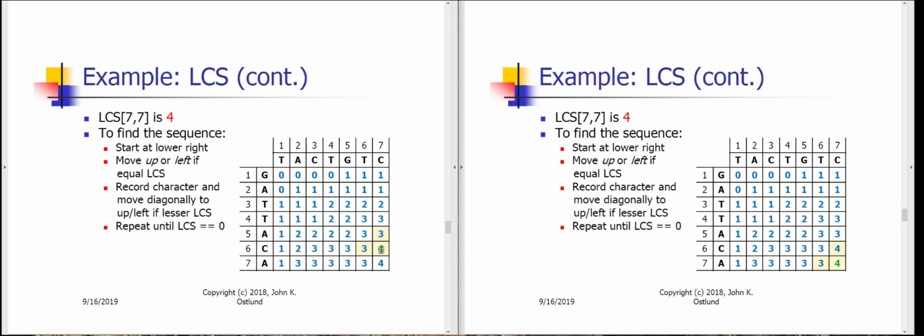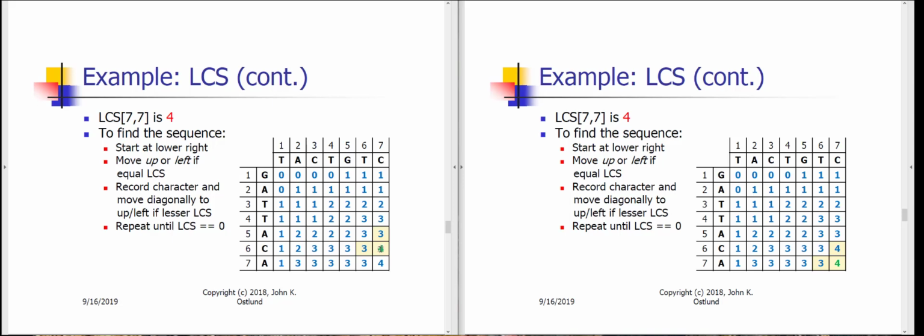Now at this point, when we do our comparison, the 3 in the row above and the 3 in the column to the left are both less than the current longest common subsequence. That must mean that this character C, which is the same in the row and the column, is the final character in our longest common subsequence.